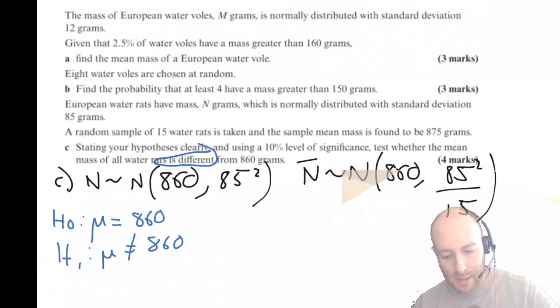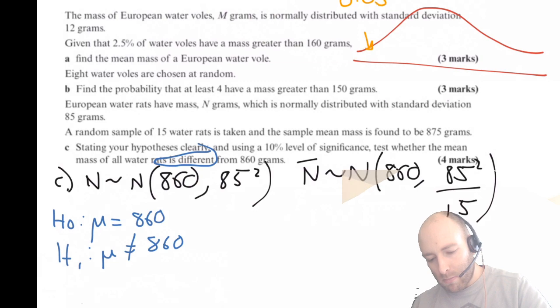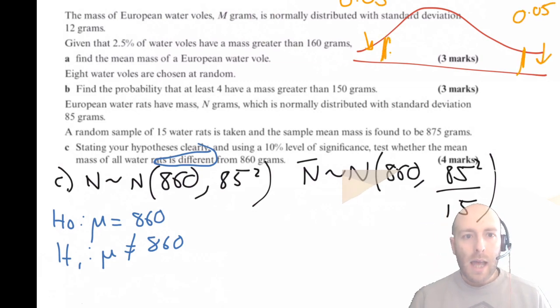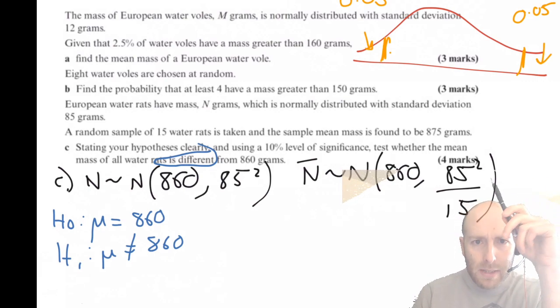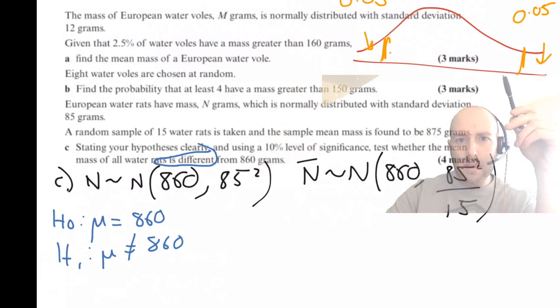Okay, we're using a 10% significance level, which gives me 5% for each tail. And we're going to try and find the critical regions and see whether a mass of 875, which is here, lies in these critical regions.